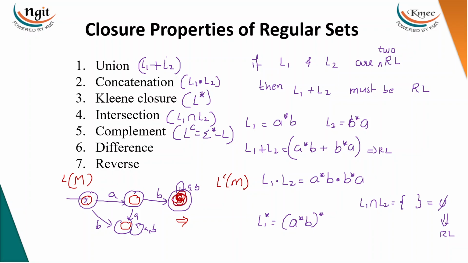See, now epsilon, not starting with ab, b, are accepted, and strings starting with ab are not going to be accepted. So how to get the complement of a finite automata? Simply by interchanging the final and non-final states, but make sure that it must be a DFA. If it is an NFA, by interchanging you can't get it.